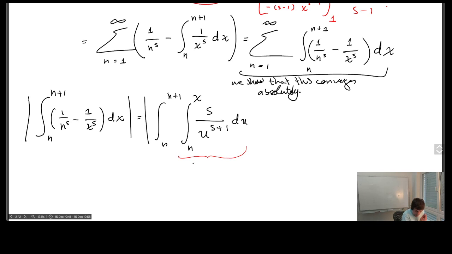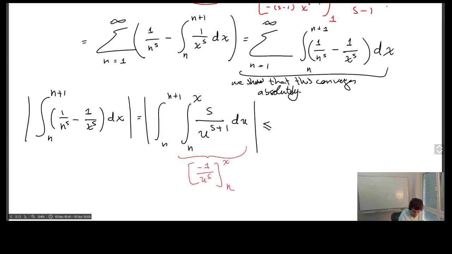This integral is just minus 1 over s times 1 over x to the s, from x to n, because it's just a primitive of that, and so you get exactly what's on the left-hand side. But now I've already managed to put the s plus 1, so that this starts converging when the real part of s plus 1 is bigger than 1, and not when the real part of s is bigger than 1. So we're basically all done.